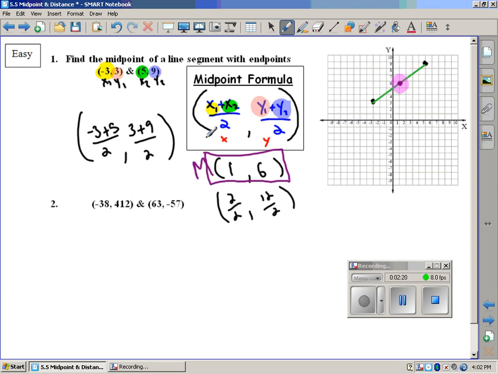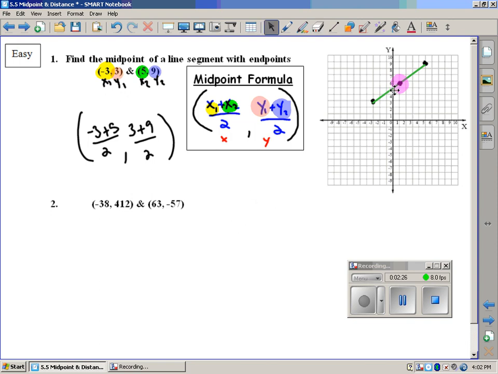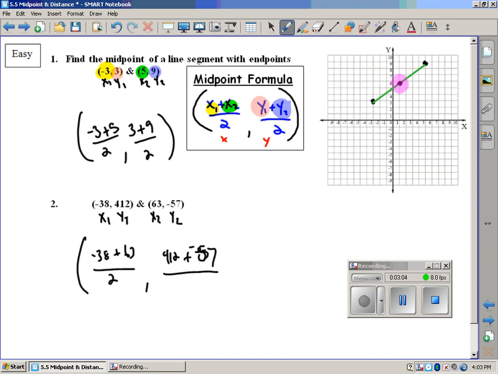Now, the formula is nice because even though I can do an estimate over here and see on the coordinate plane that I got the right answer, if I use this formula and keep in mind that this is the first x, this is the first y, this is the second x, and this is the second y, by plugging this in, I can even use very large ordered pairs: negative 38 plus 63 divided by 2 for my x value, and 412 plus negative 57 divided by 2 for my y value.